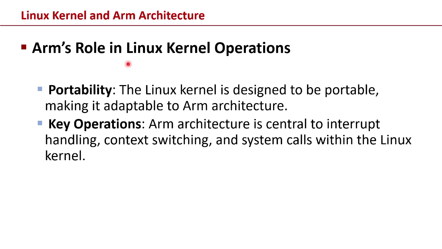The important thing is that the key features of the Linux kernel and the key features of a real-time operating system are implemented using specific assembly instructions that are specific to the CPU architecture. Typical examples are interrupt handling, context switching, and system calls. All these features are implemented using assembly instructions that are specific to ARM architecture.